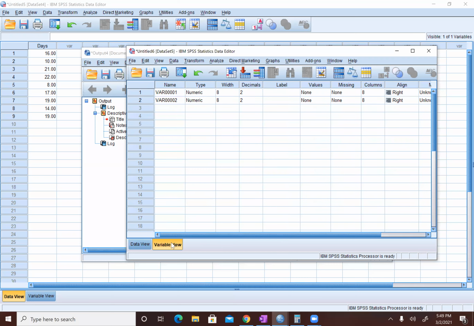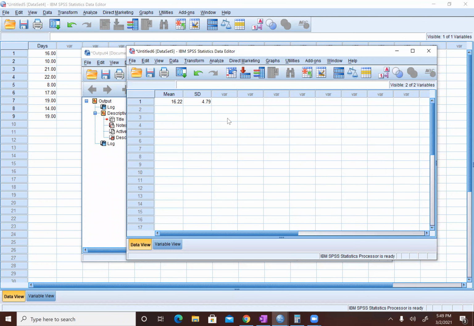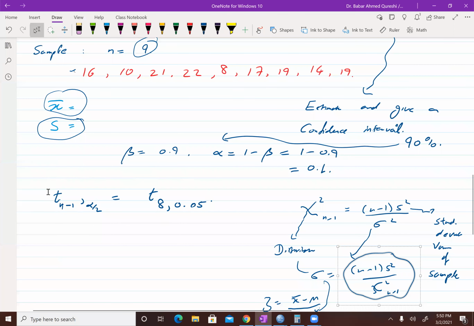So I can go to variable view and call this the mean and call this the standard deviation. Now these are my mean and standard deviation which I have. And now I want to compute this critical value of t, for which I have this value.